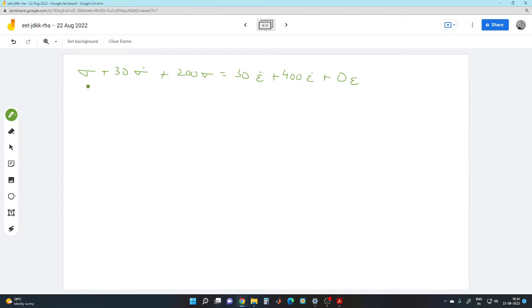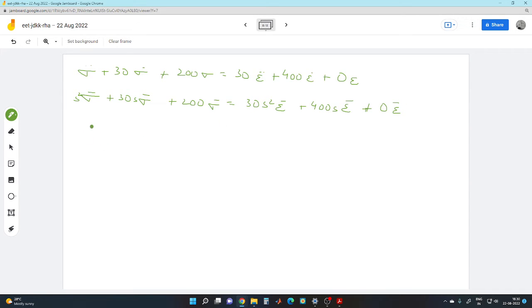So what we'll do is we'll take the Laplace transform. s square sigma plus 30s sigma plus 200 sigma. We'll keep the bar to show the Laplace transformed variable. 30 s square epsilon bar plus 400 s epsilon bar plus 0 epsilon bar.